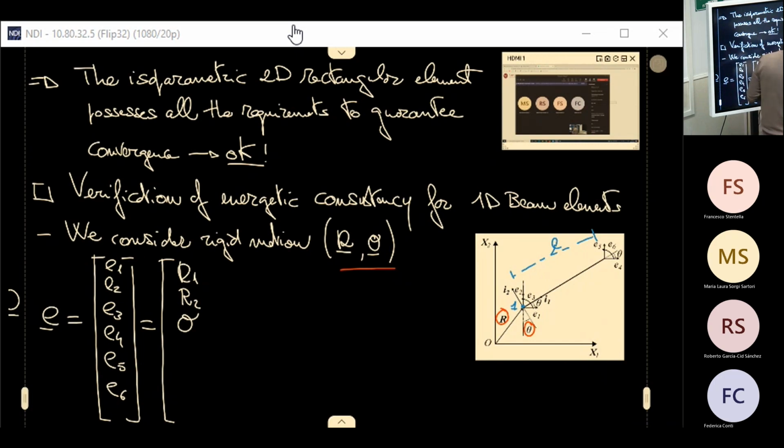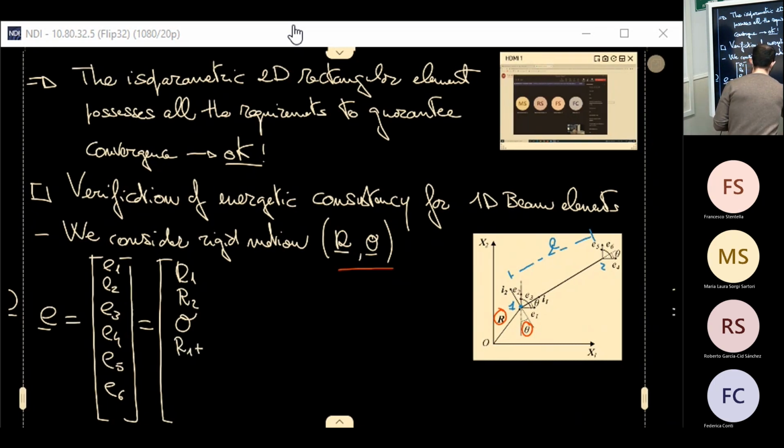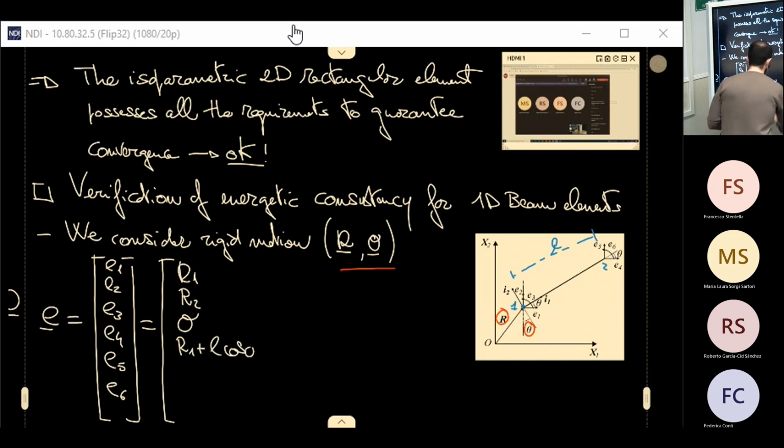So what's the coordinate of node 2 with respect to x1? And for small rotations? We are always in the hypothesis of small rotation. Very nice.